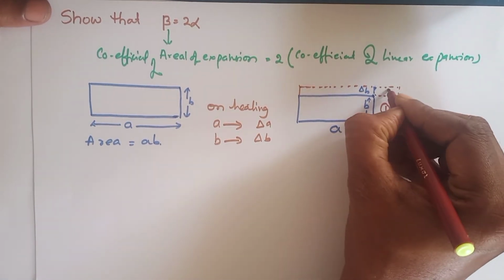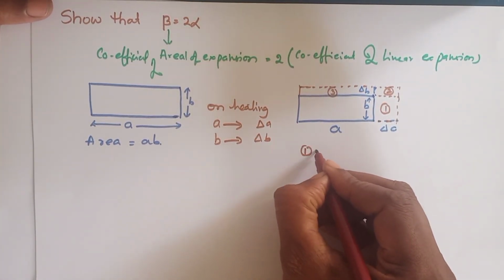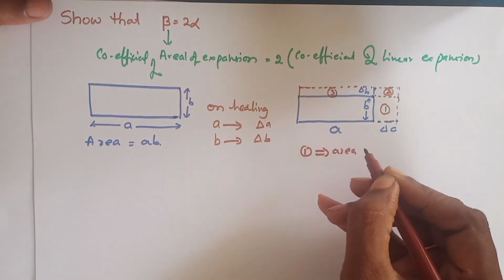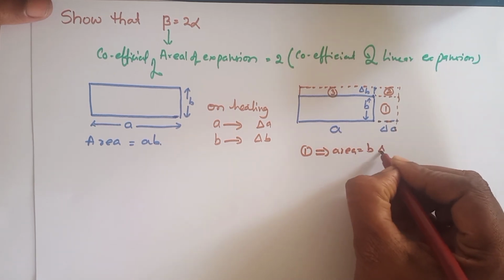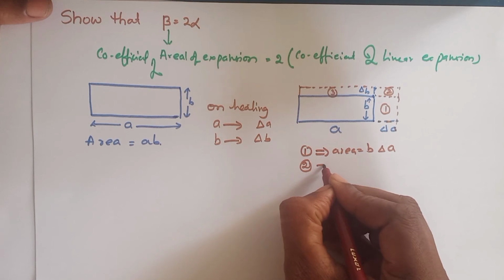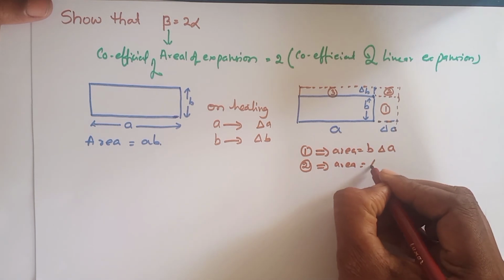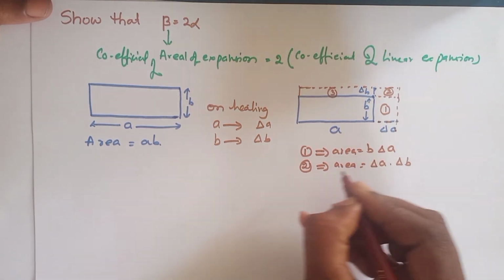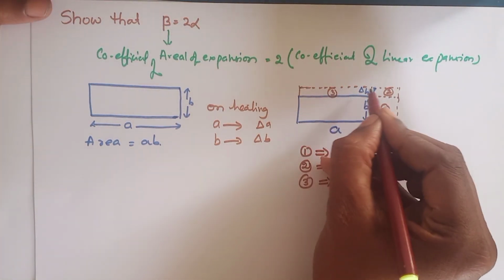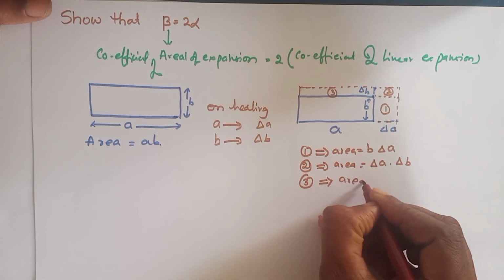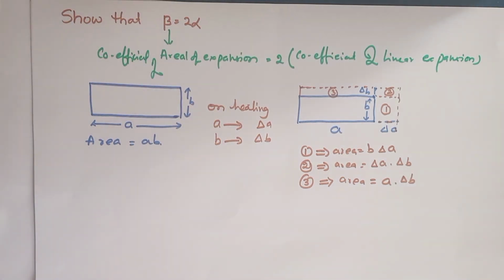See, this is 1 and this is 2 and this is 3. What 1 indicates is area B into delta A. 2 indicates area delta A into delta B. And 3 is the extension area, which is A into delta B. Right.